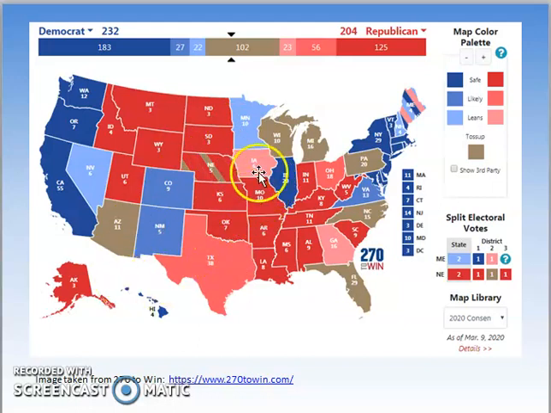Texas has had a lot of people from outside of Texas moving into it, and it has changed the Republican stronghold that has been Texas. So the Republicans still have a good chance of winning Texas, but not as good as in years past. Same thing with these lighter, pinkish states. The Republicans have an advantage there, but it looks like they might lose the state.